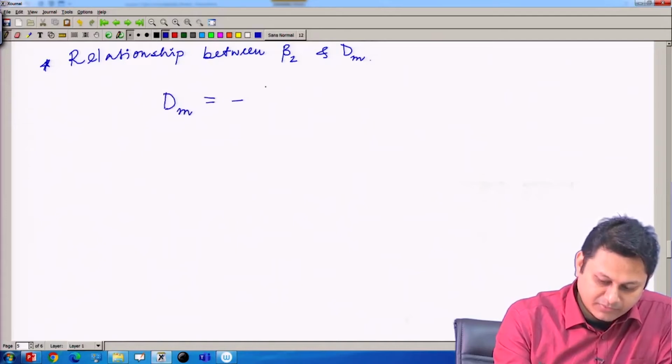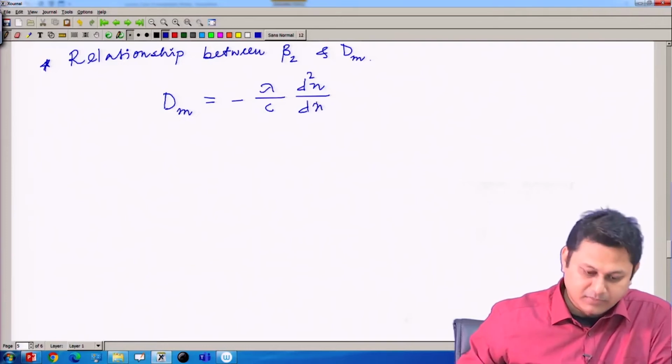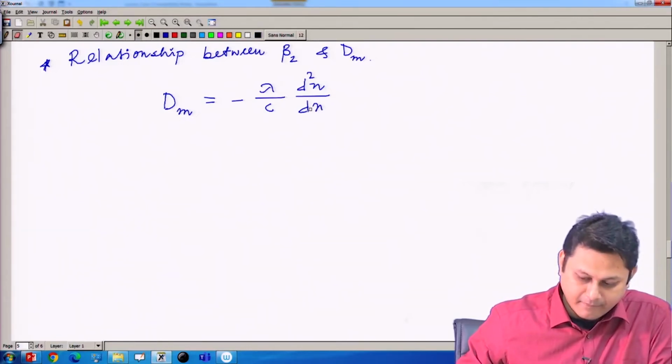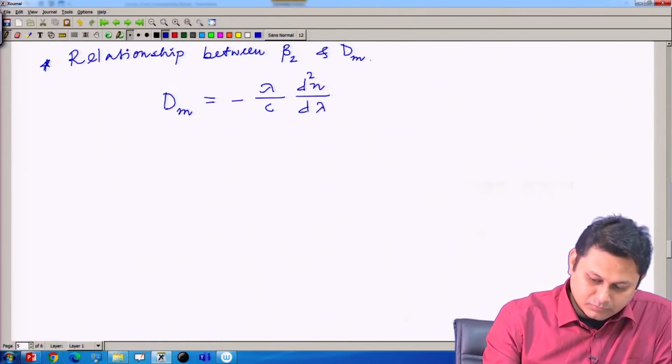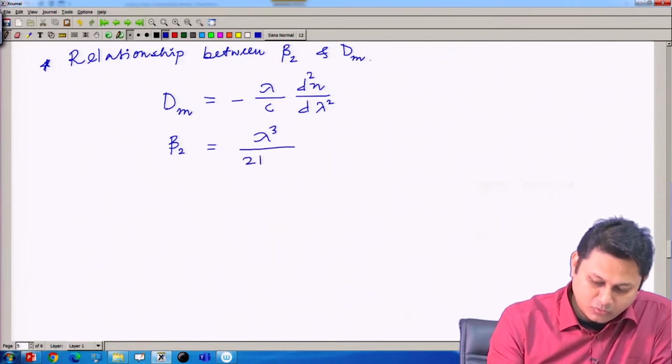Dm is equal to minus lambda divided by c, d2n d lambda square, and beta 2 is lambda cube divided by 2 pi c square, d2n d lambda square.